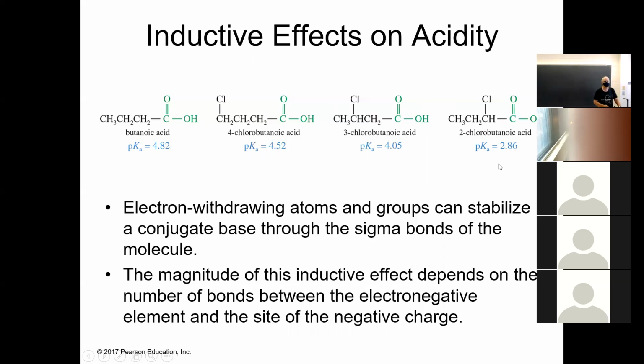Each pKa unit, remember, is a power of 10, so this is 100 times more acidic than butanoic. By the time we get to the fourth carbon over here, the effect is nearly gone. So this is called the inductive effect, where some electronegative element is pulling electrons through the sigma bonds, through the covalent bonds.